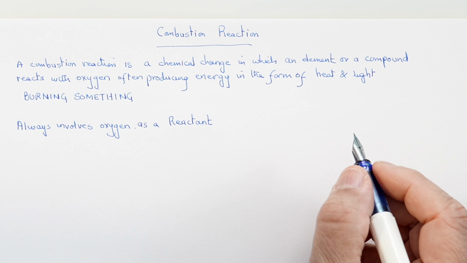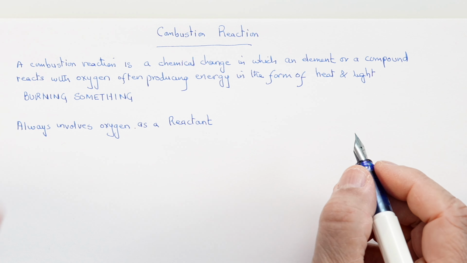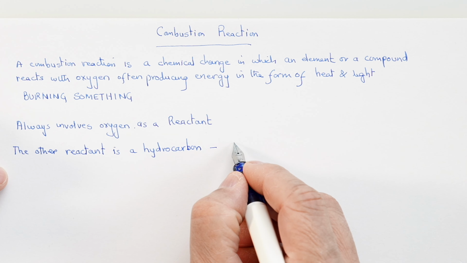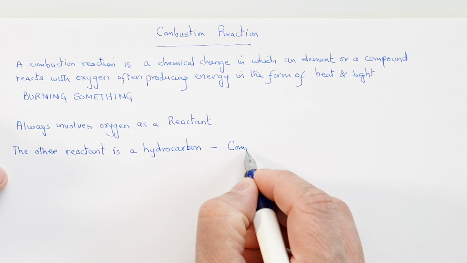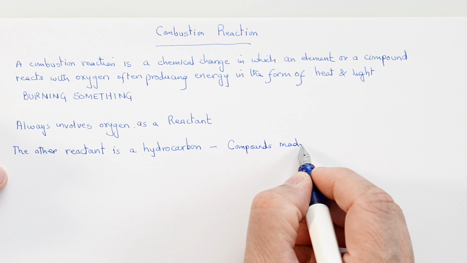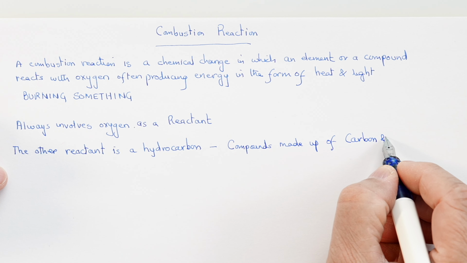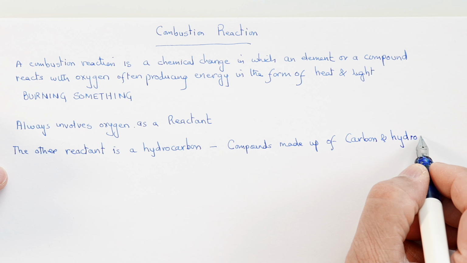Now, for our purposes, you need to remember that the other reactant that you will inevitably be looking at, especially in a general chem class or starting out chemistry class, is going to be a hydrocarbon. They are compounds made up of carbon and hydrogen. Now, here's the deal, folks.